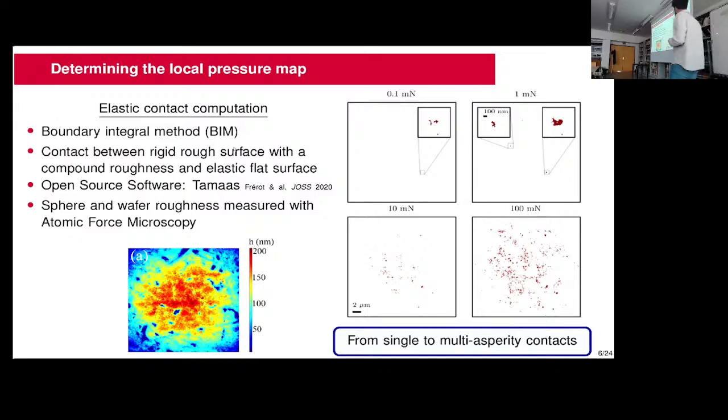So we really have a transition from single to multi-contact asperity. And we believe, and we will see later in the presentation, that this transition from single to multi-contact asperity is responsible for the decrease in the friction coefficient of such interfaces.